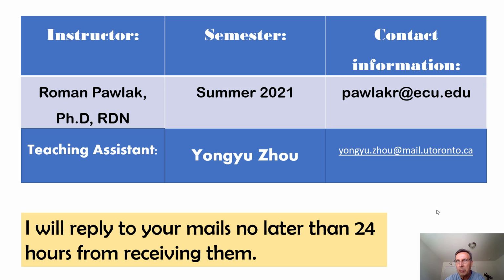And so you might be emailing me when I am asleep, and I might be replying to you when you are asleep. I will do my best to reply to your emails as soon as I get them. But again, because of the time difference, it may take sometimes a few hours, perhaps. For sure, you will not be waiting more than 24 hours with getting answers to your questions, okay?